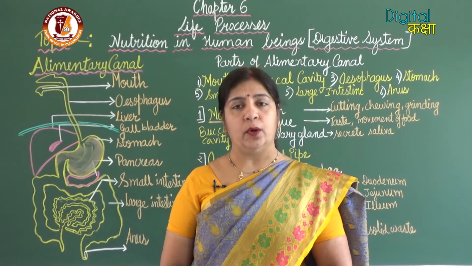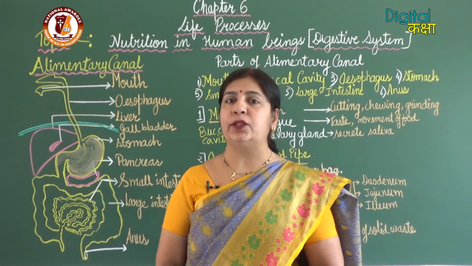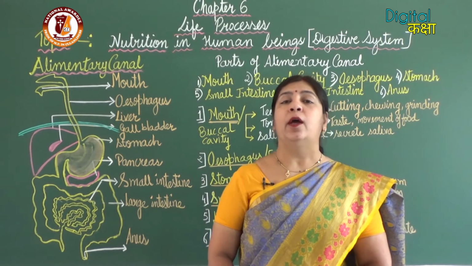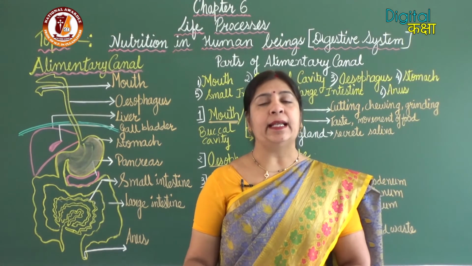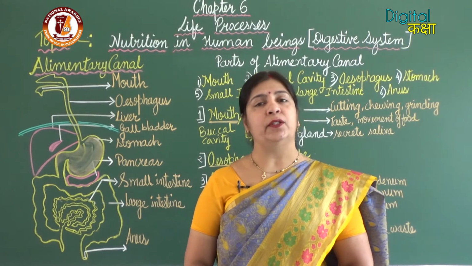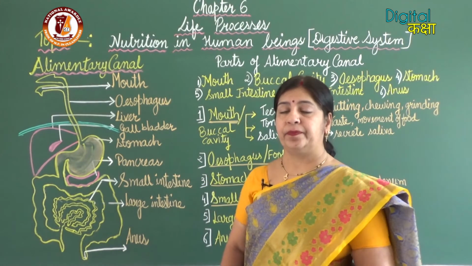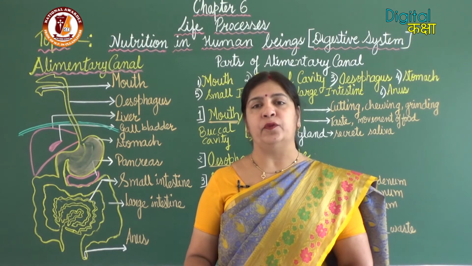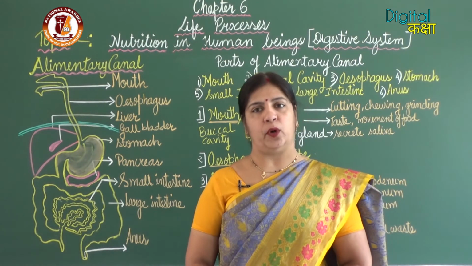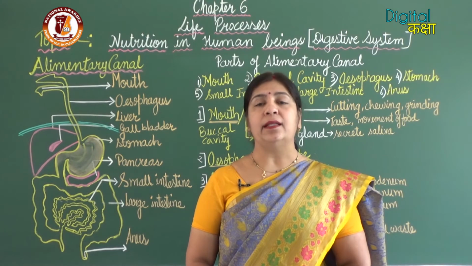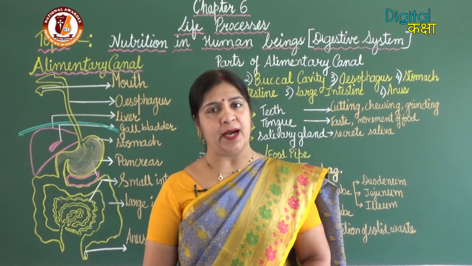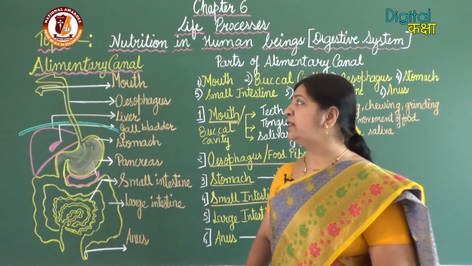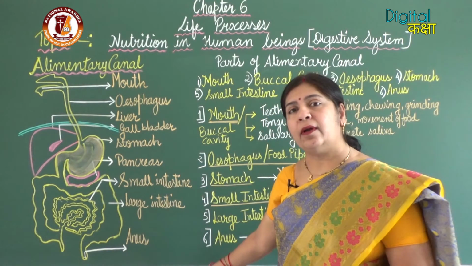The colon is the part which is connected to the small intestine, and the rectum is the lower part, and finally the rectum opens into an opening which is known as the anus. The anus is the opening through which the undigested food is thrown out of the body. So, these are the different parts of the alimentary canal which runs from mouth to anus.